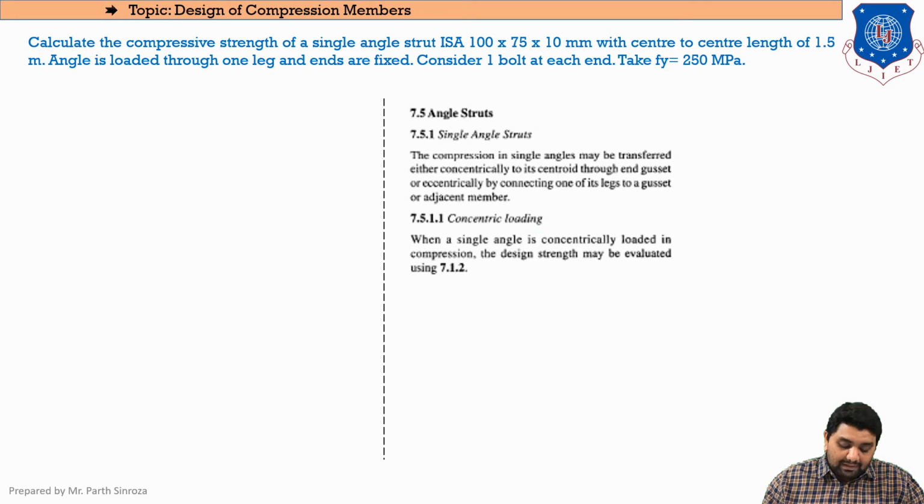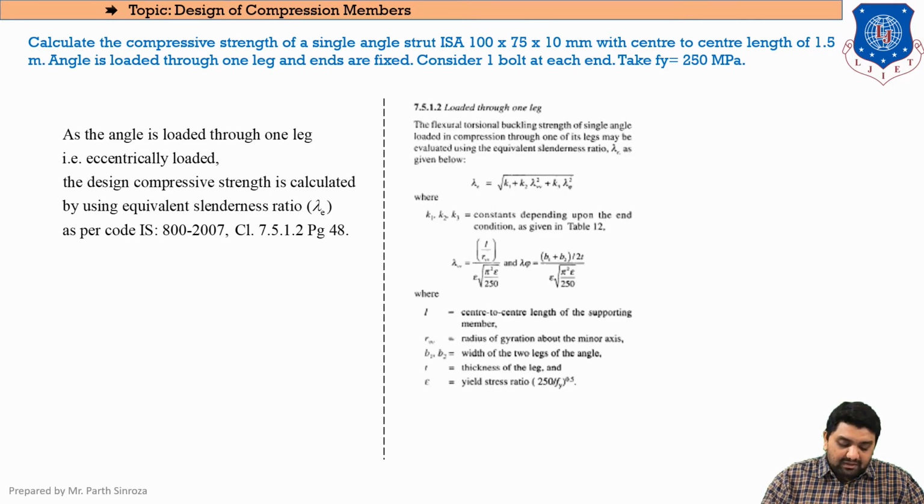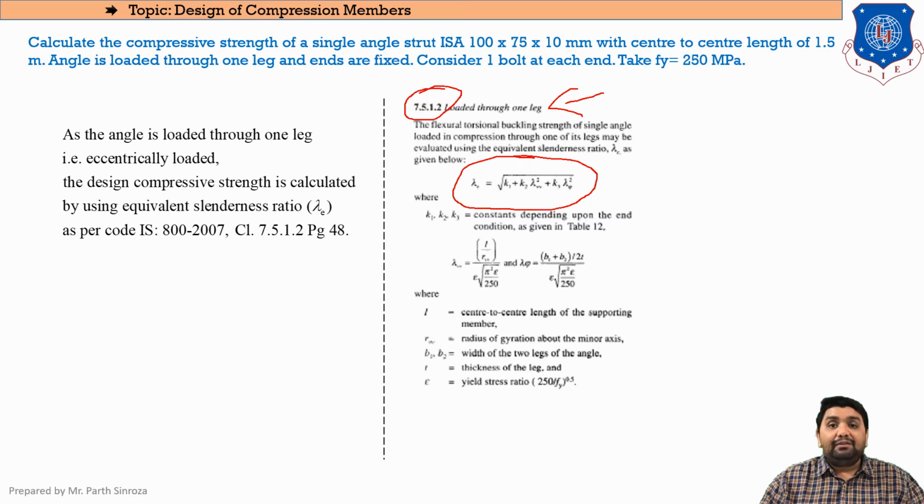So we will be moving on to our next page, and there you can see 7.5.1.2 is mentioned, and the heading here is loaded through one leg. That means our eccentric loading, and for that the only change will be the value of lambda. Clear? If it was concentric loading, we'd find the value of lambda from page number 34 that we have seen earlier.